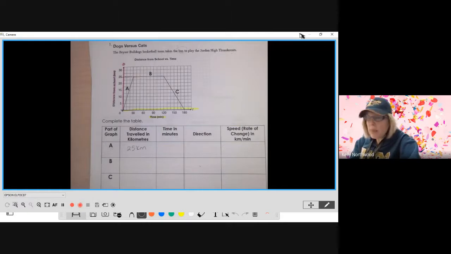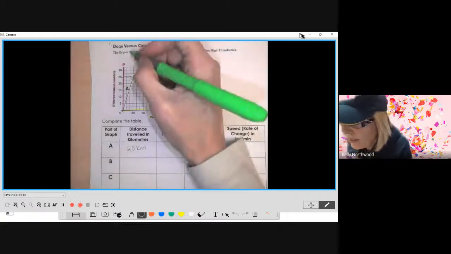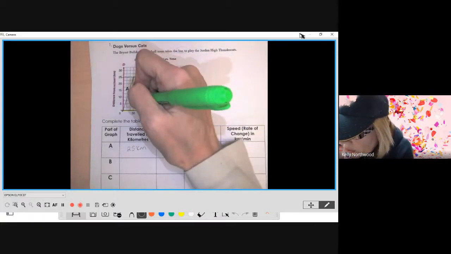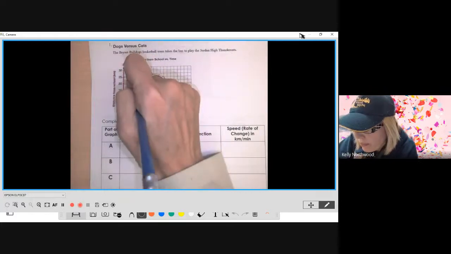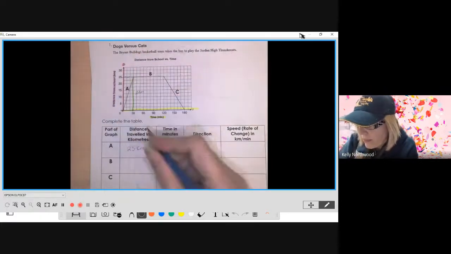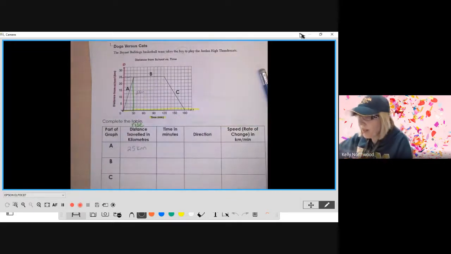How long did it take them to do that? So basically, we're doing a rise and a run here. So we just did the rise, and that was 25 kilometers. So this distance column is our rise column.